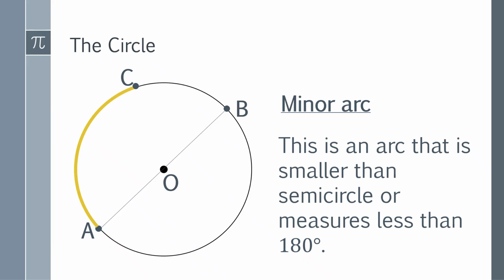As you can see, AB again is a diameter. Remember that a semicircle is equal to 180, but if it is less than 180, this is known as the minor arc.